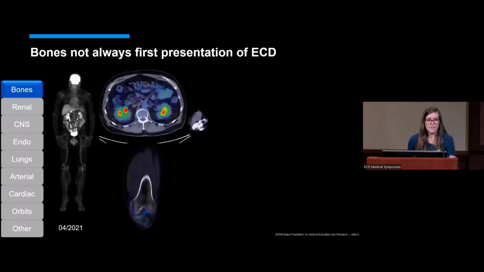So the bones, even though they're the most common, may not always be the first presentation of Erdheim-Chester disease. Here's a patient in one of his first PET-CTs that we have here, back in April of 2021, who mainly had just renal involvement.